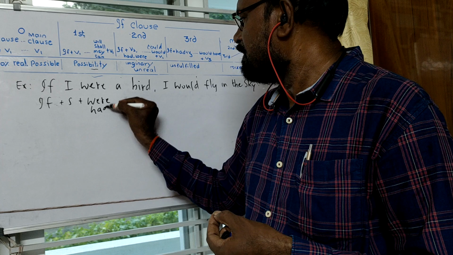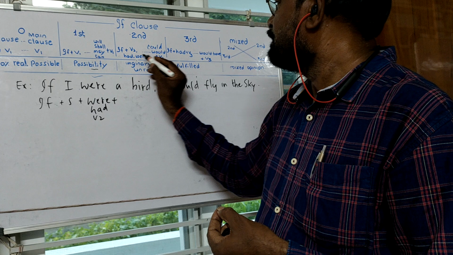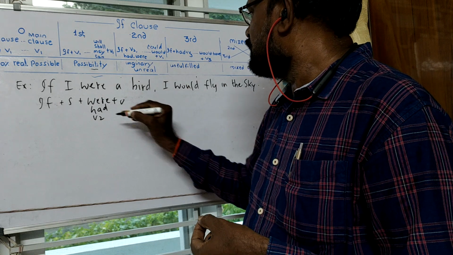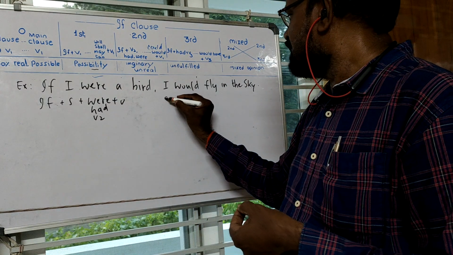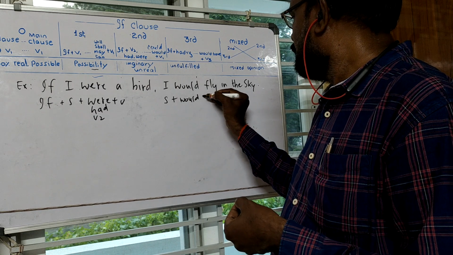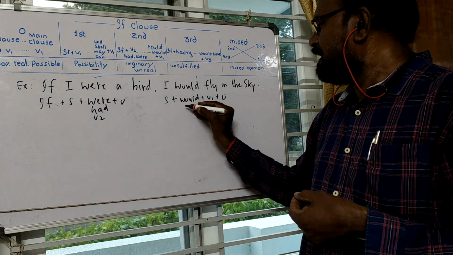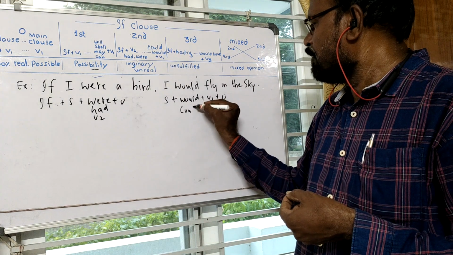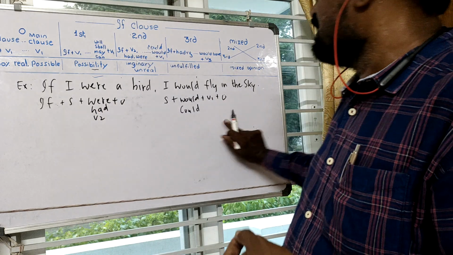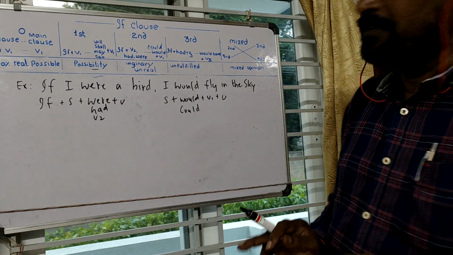Here also had and V2 plus object, and in the result clause subject plus would plus V1 plus object. Here could can also be used. It is about the structure of the second condition. If I were a bird, I would fly in the sky.